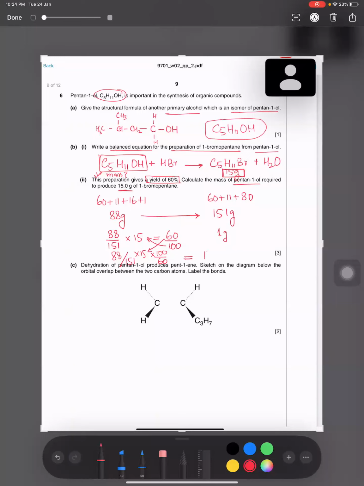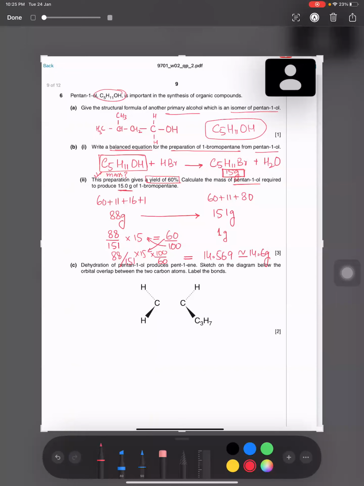So you can consider this 14.6 grams. Right, Bacho? Is it clear? Right, everyone? Yes, sir. Yes, sir.